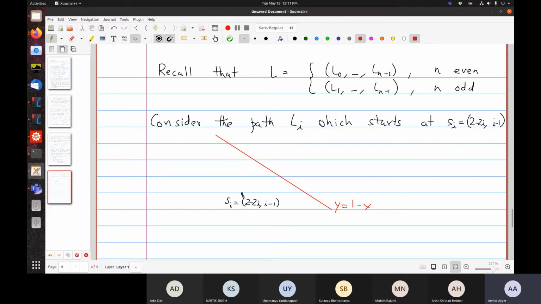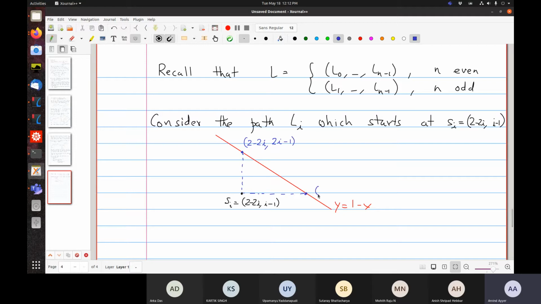And okay, so what are the possible ending points? It can only take up and right steps. So let's look at this coordinate. It has x coordinate 2 minus 2i and y coordinate is 1 minus x. So it's 1 minus (2 minus 2i), so that's 2i minus 1.